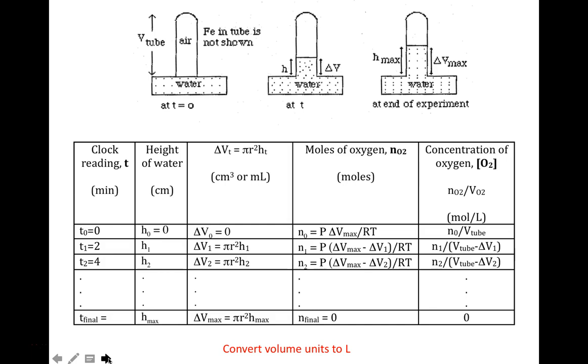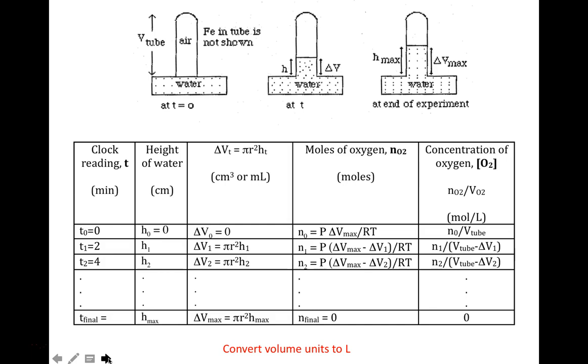So maybe think that over a little bit, make sure that makes sense, because as you go down in the rows, we see n sub 1 equals P times delta V max minus delta V1. So what is that saying? Inside the parentheses, it's saying I started with the maximum amount of oxygen, some of that was consumed, and so there was a subsequent volume change.